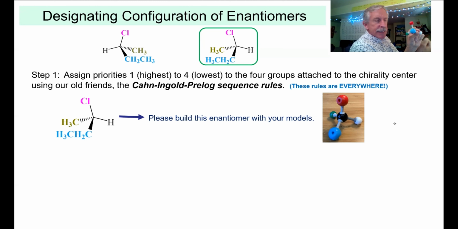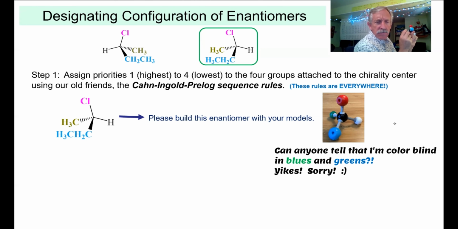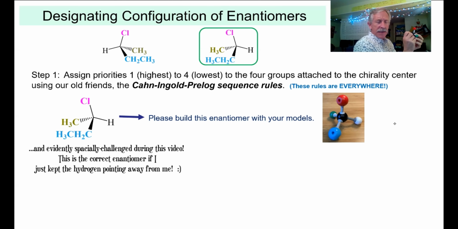So this is the red chloride, then blue CH2, CH3, then green CH3 pointing back, going away from you. And the white hydrogen, I want it kind of coming at me. Did I have the right one?